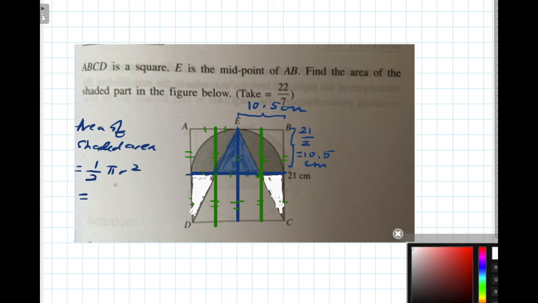Half times pi, say pi is 22 over 7, times radius. What is the radius? The radius here will be this portion here, right? Which is 10.5. That will actually give you an answer of 173.25 centimeters squared.